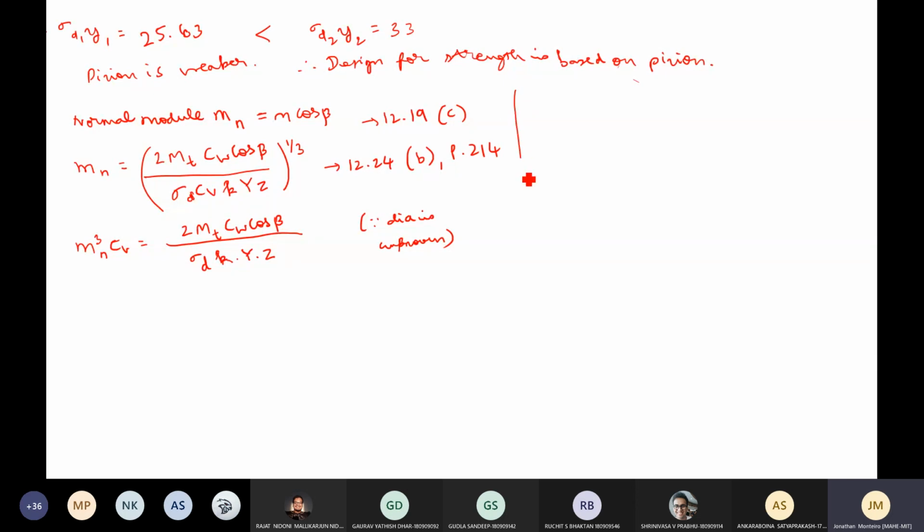Mt will be equal to the same old equation, 9.55 into 10 power 6 into PCS by n, and n is here in RPM, so n1. It was 44 kilowatts, so 44 into 1.5 by 6000.